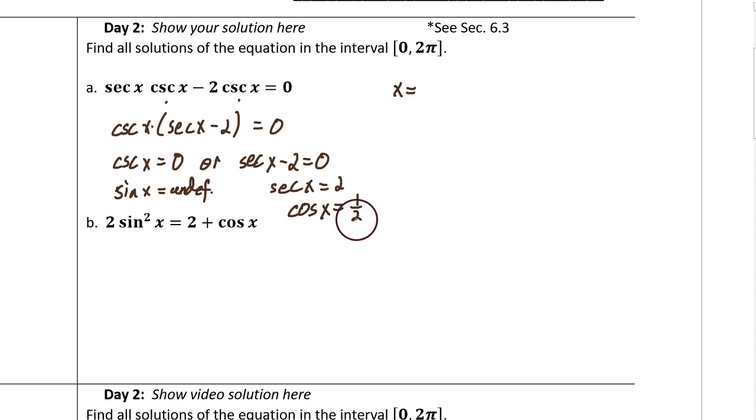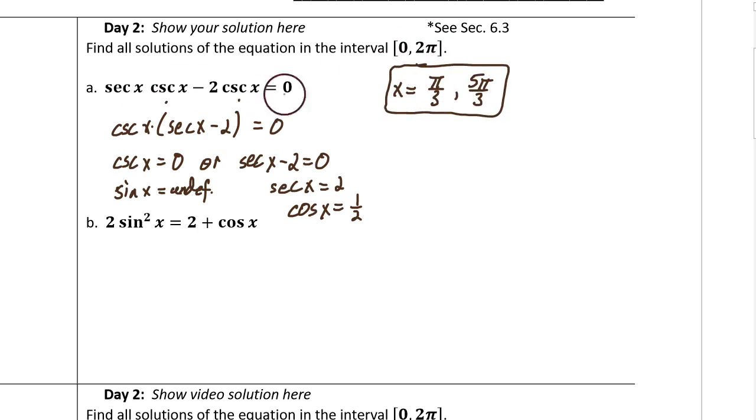On the interval from 0 to 2 pi, what value of x has a cosine value of 1/2? So look on the unit circle for all of the angles where the cosine is 1/2. That occurs at pi over 3 and at 5 pi over 3. And so these two values of x solve this equation.